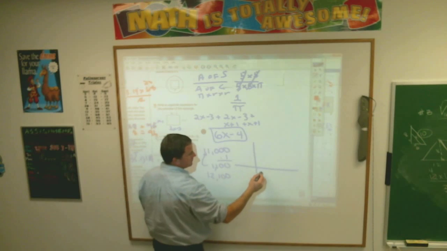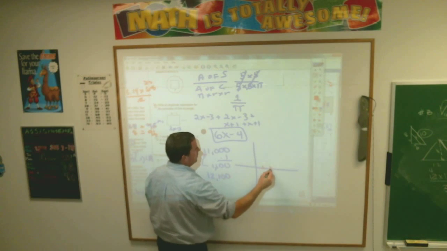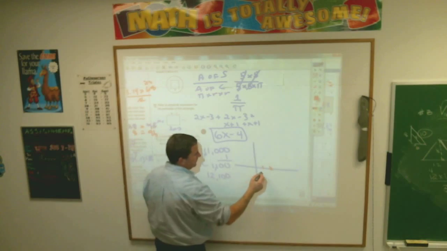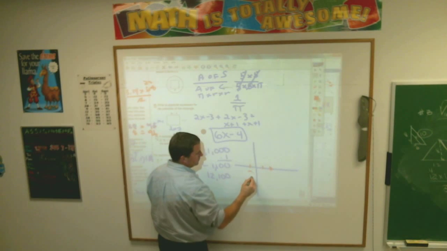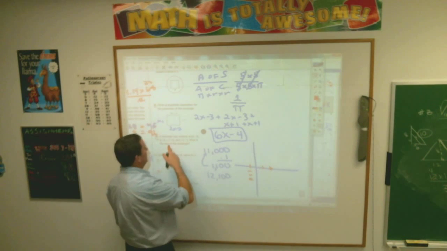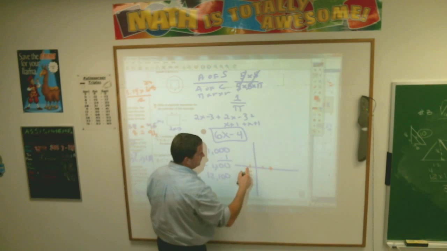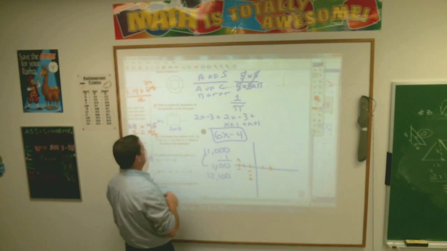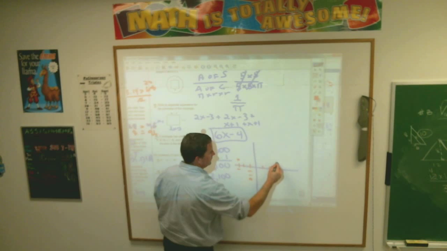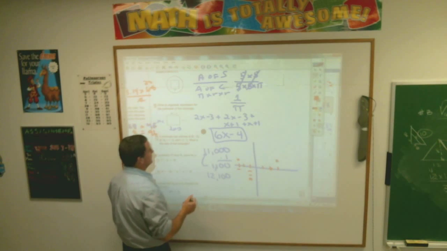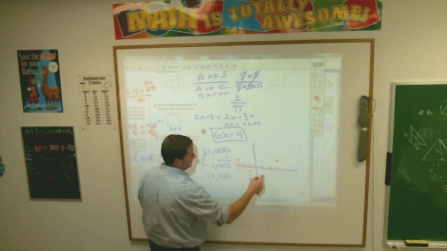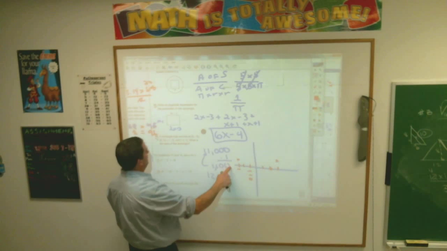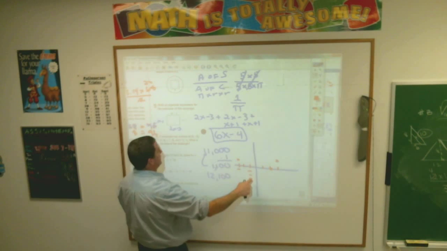What did I do wrong? Negative 3, 1. Negative 1, 3. Yeah, no, that's negative.